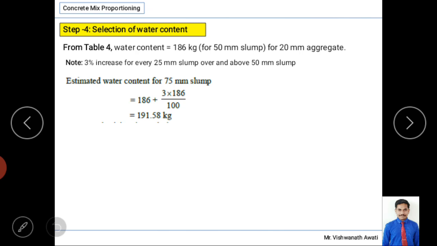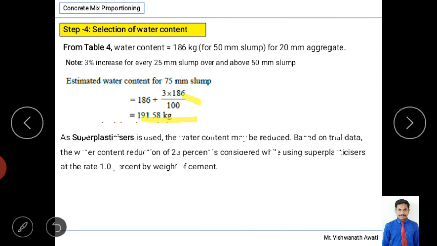For 50 mm slump we got 186 from the table, so we take another 3% extra of 186 kg, and in total we will get 191.58 kg.